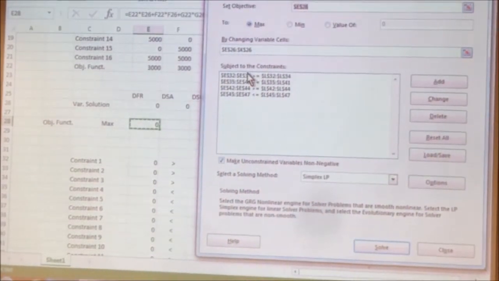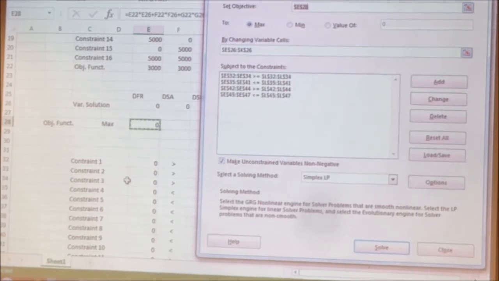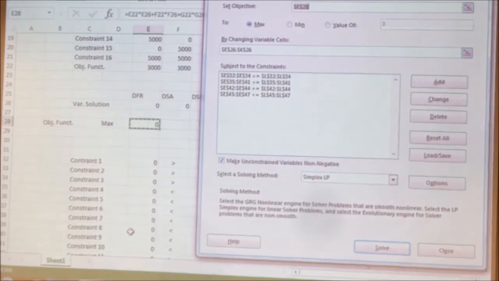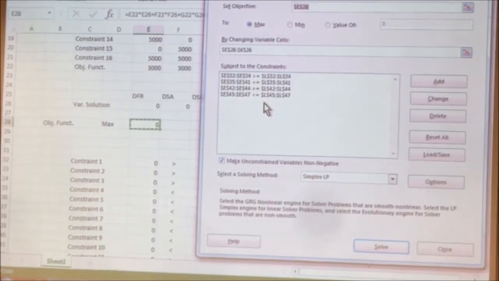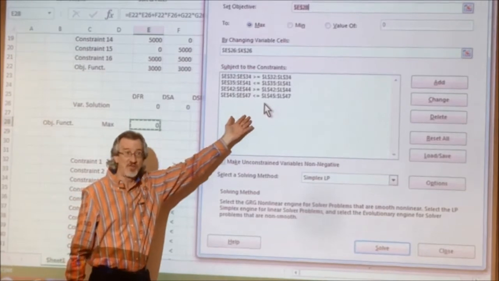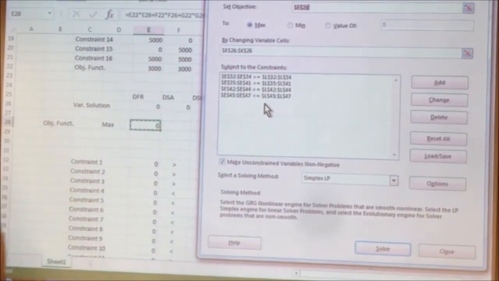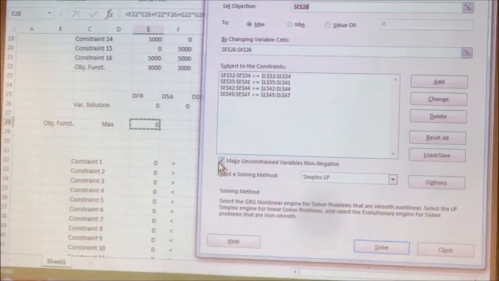E32 through E34 are both greater than or equal, 32 through 34, that's perfect. Less than or equal on these, greater than or equal on these, less than or equal on these. These are combined. We talked about this already, how you can combine if they're all the same direction. This box is checked right there.